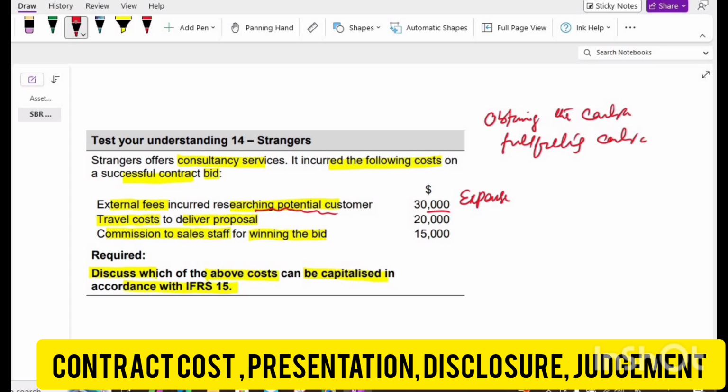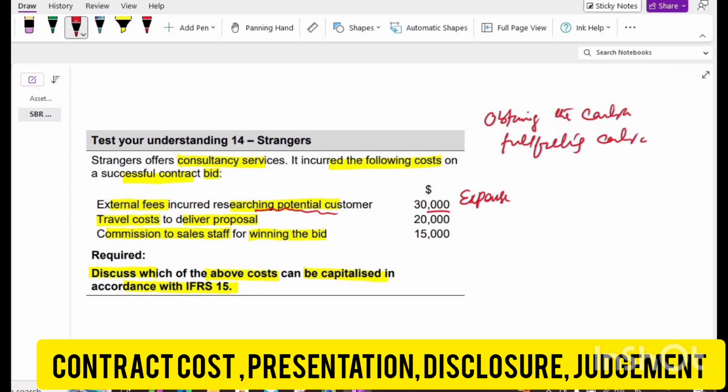They would have been incurred regardless of whether the contract bid was successful or not. So according to IFRS, costs that are not directly attributable to obtaining the contract, or that are incurred regardless of the contract outcome, should not be capitalized. Therefore, these costs must be expensed in the period in which they are incurred.